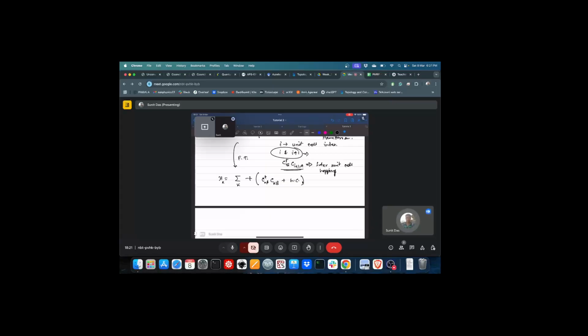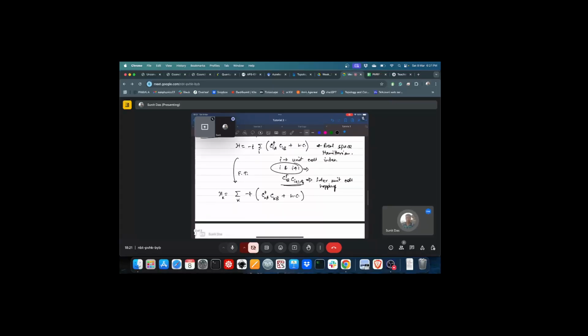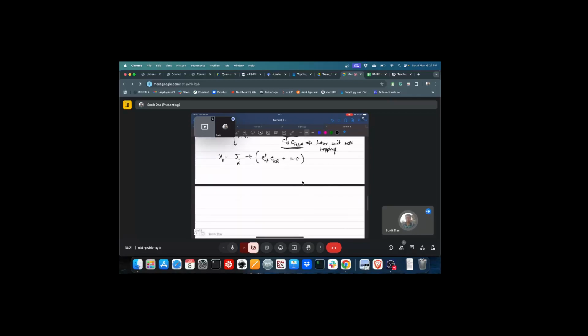So again, initially we had 2n number of states. Here also we will have 2n number of states, or per unit cell there will be only 2 states. That is also evident from the structure of the Hamiltonian itself, and because the Fourier transform does not change the energy eigenvalues, right?